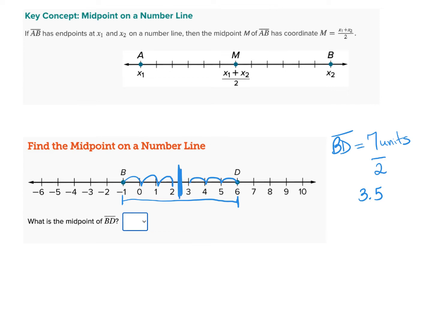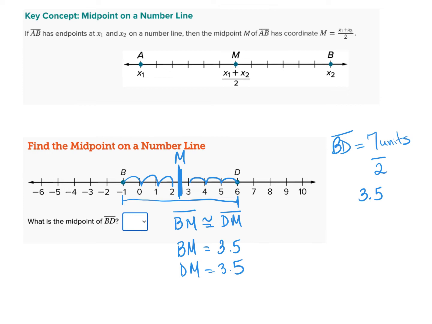Okay, so I mark this point M. BM is congruent to DM because each segment is 3.5 units.